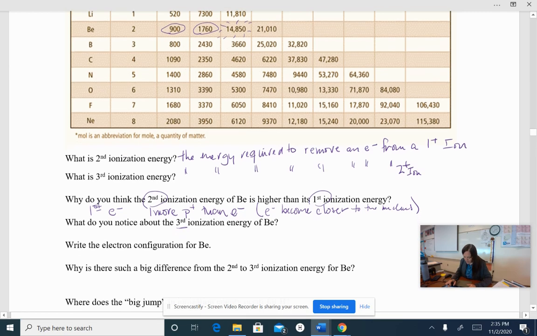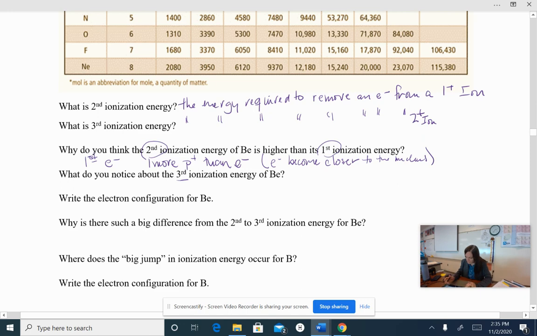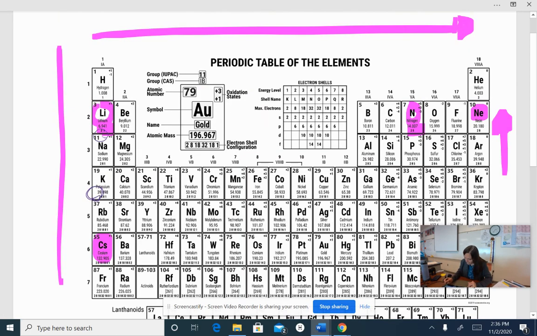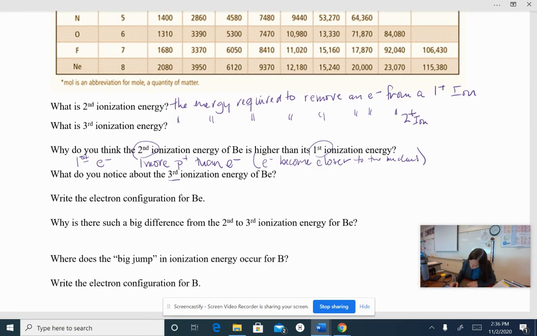Let's look at the electron configuration for beryllium. We have 4 electrons, so we're going to have 1s2, 2s2. So we have 1s up and down, 2s up and down. We're just going to write it out completely.